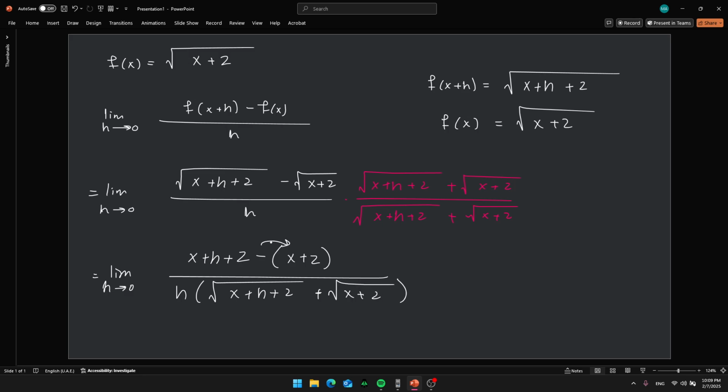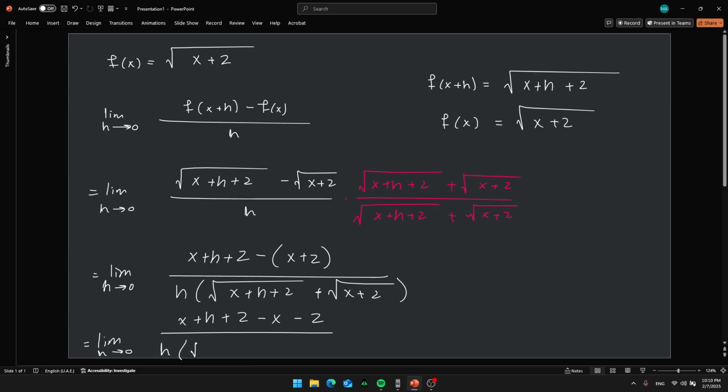Now distribute the negative. Limit as h approaches 0 of x plus h plus 2 minus x minus 2, over h times radical x plus h plus 2 plus radical x plus 2.